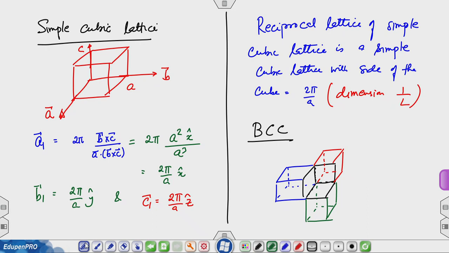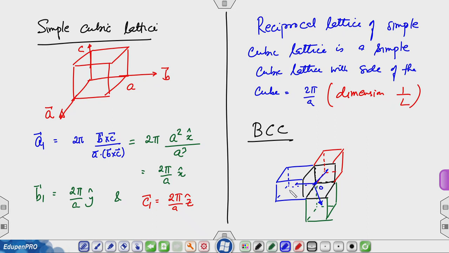If I take this point here as O, then I know that A is here to the center, B is over here to the center, and C is over here to the center.